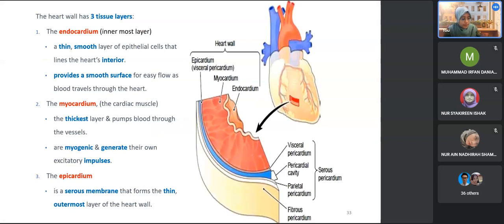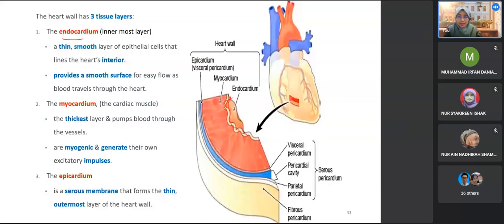Now the heart wall. The heart wall has three tissue layers. The inner layer, facing the heart chambers, the chamber of the atrium and the chamber of the ventricle, is the endocardium. It is the innermost layer.